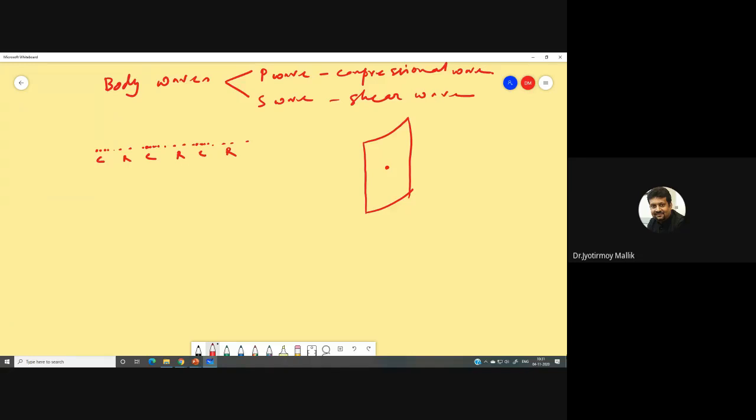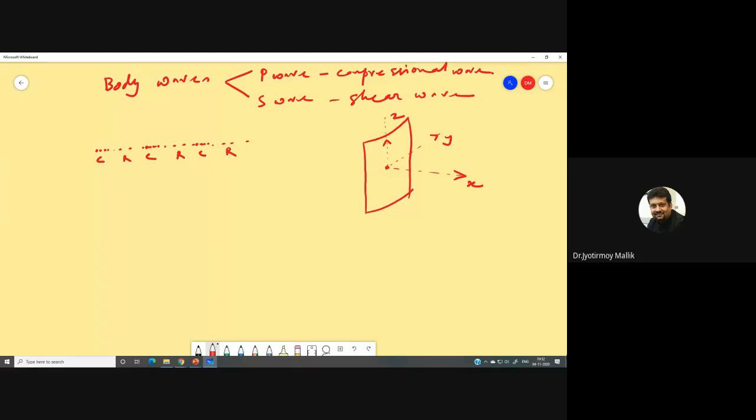Here I am defining three mutually perpendicular axes. One along the ray path, which is X, one along the particle, which is Z, and then one mutually perpendicular to both of them.